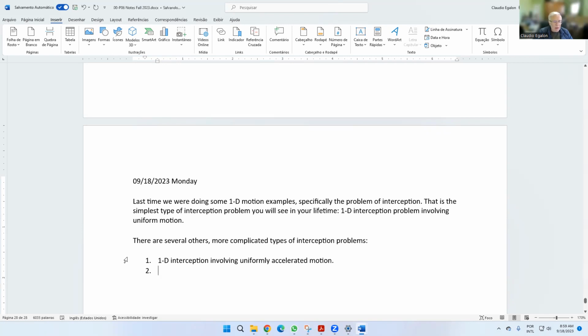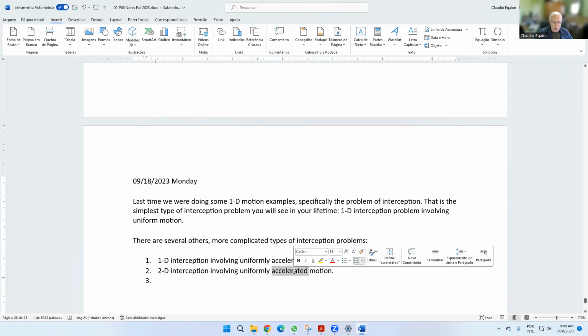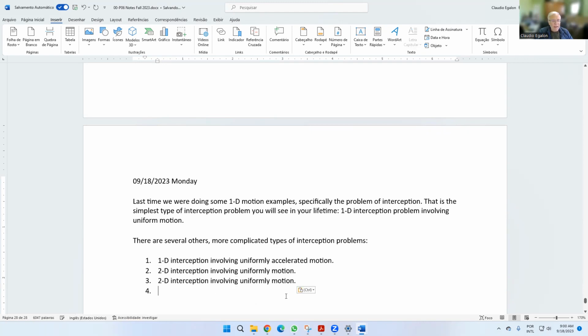And then you can go for 2D interception involving uniform motion, right? You can have 2D intersection involving uniformly accelerated motion.